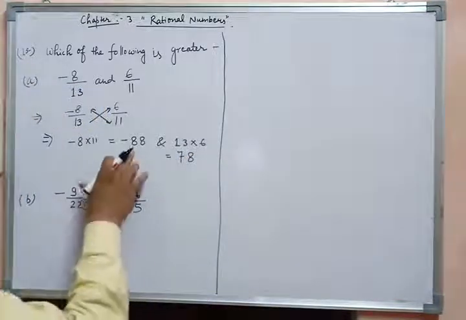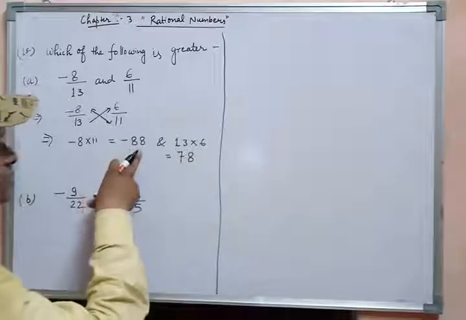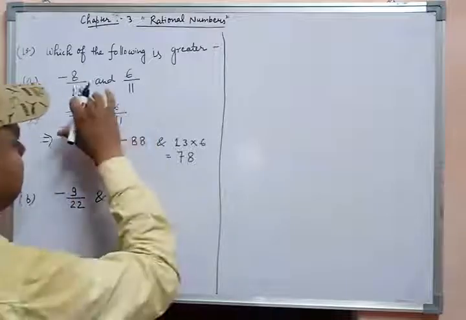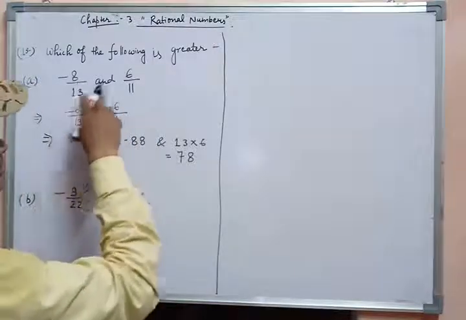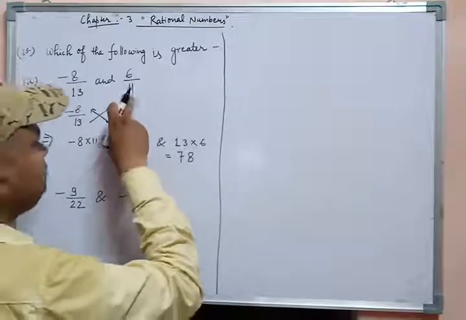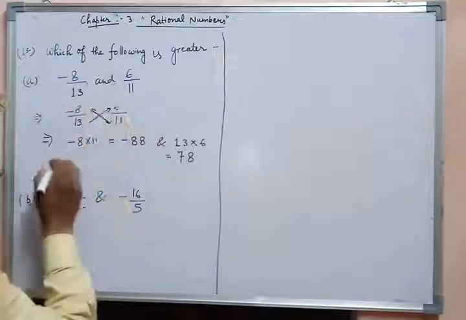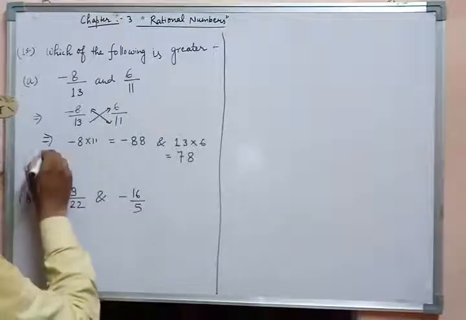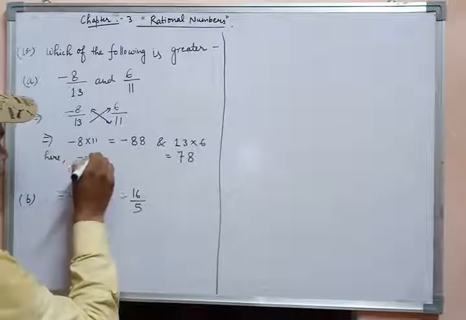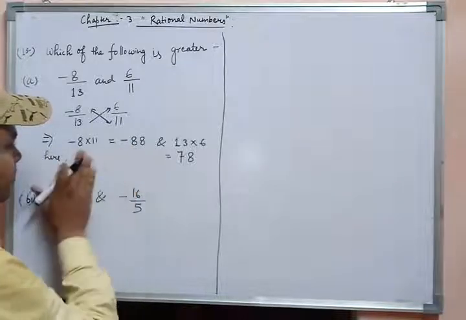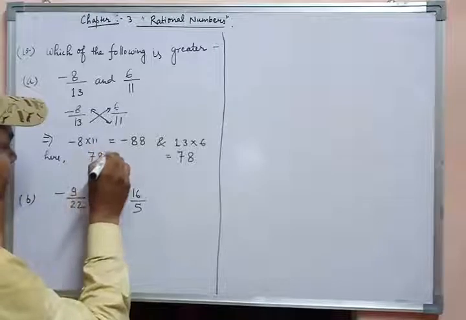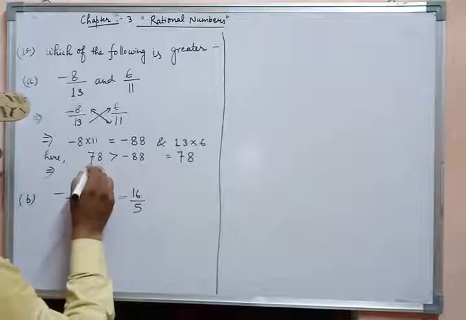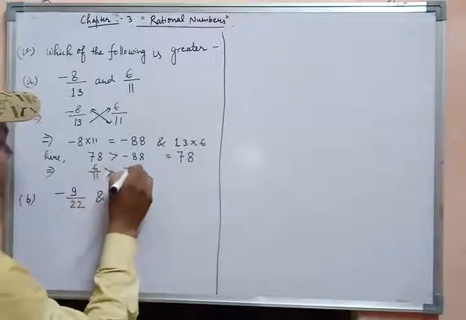So here this number is negative and this number is positive, so we can easily say that this rational number is smaller than this rational number, or this rational number is greater than this one. So minus 88 is less than 78, or you write 78 is greater than minus 88. So we can say that 6 upon 11 is greater than minus 8 upon 13.